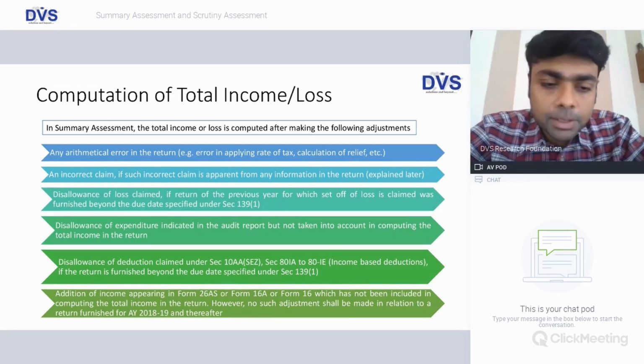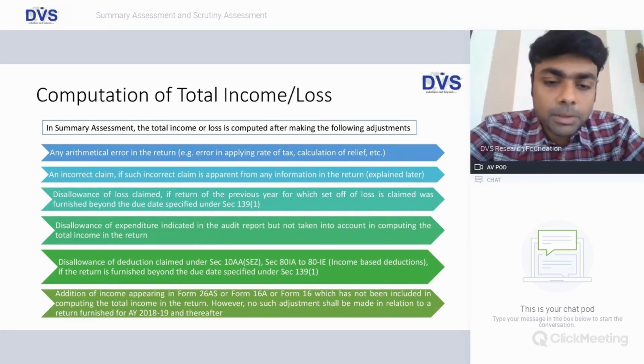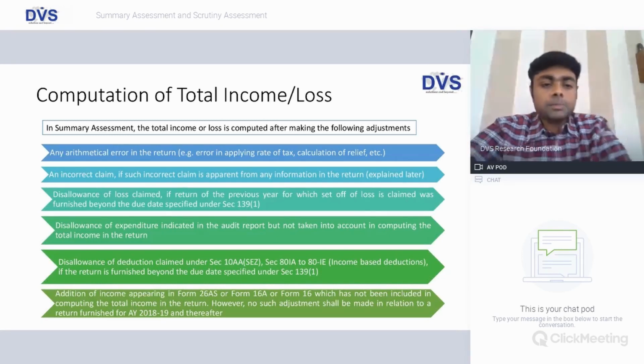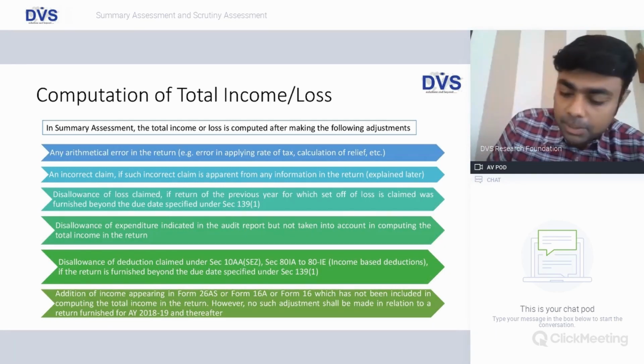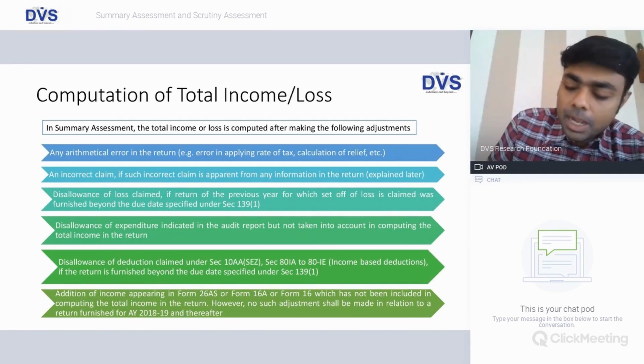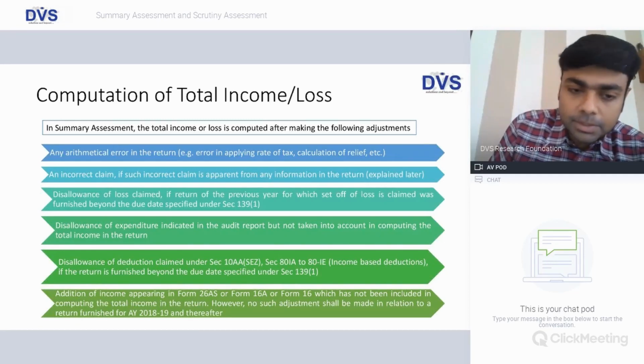Addition of incomes appearing in Form 26AS, which is your TDS return form, Form 16A and Form 16, which has not been included. However, no such adjustment shall be made in relation to a return furnished for assessment year 18-19 or thereafter, because we've had amendments to the respective provisions. And also what happens now is your TDS credits automatically get picked up from your Form 16 and Form 16A and 26AS.